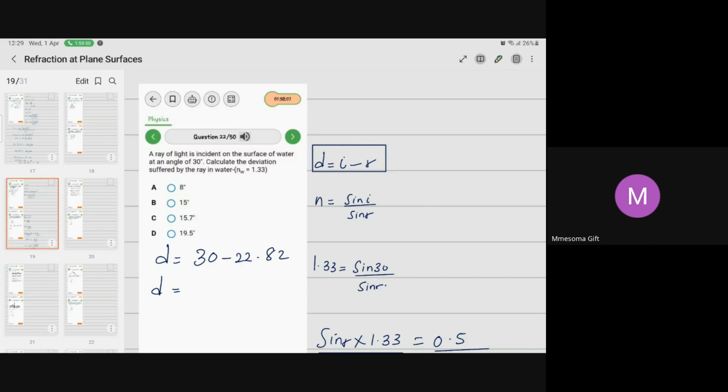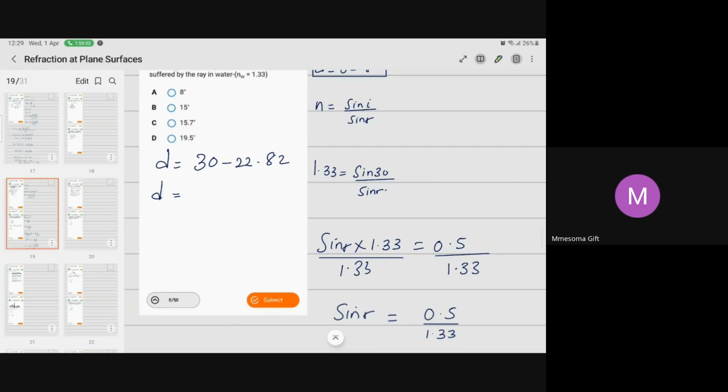Is it 22.82 or 22.082? Sorry, 22.082, right? 30 minus 22.082 will give us D equal to 7.918. So that D is equal to 8 degrees. All right, makes sense. Paul, well done.